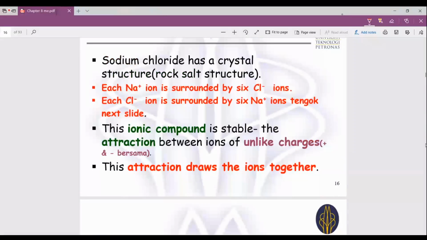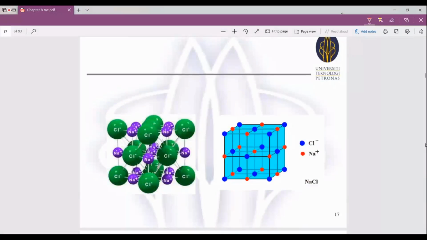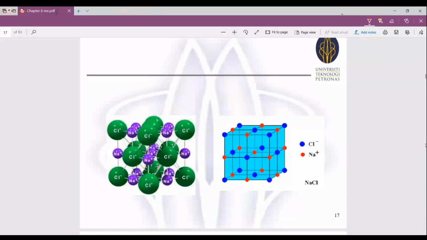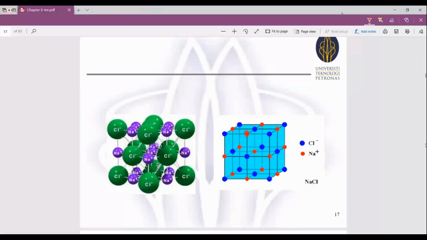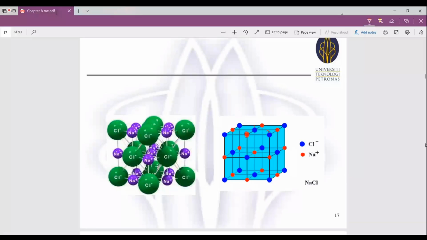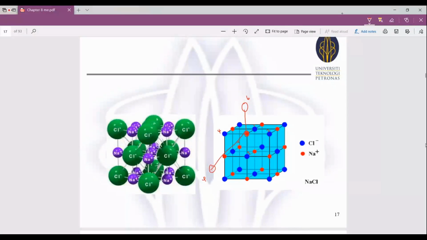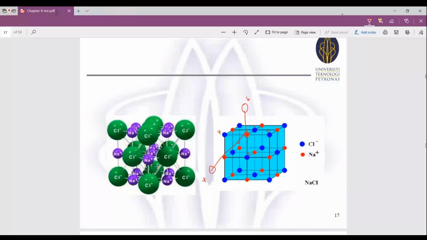Look at Na. Okay, Na here is bonded with 6 Cl atoms: 1, 2, 3, 4, 5, and 6. Can you imagine, here is one, there is one other, one 6, and then here this is 4. 1, 2, 3, 1, 2, 3, 4, 5, and 6.